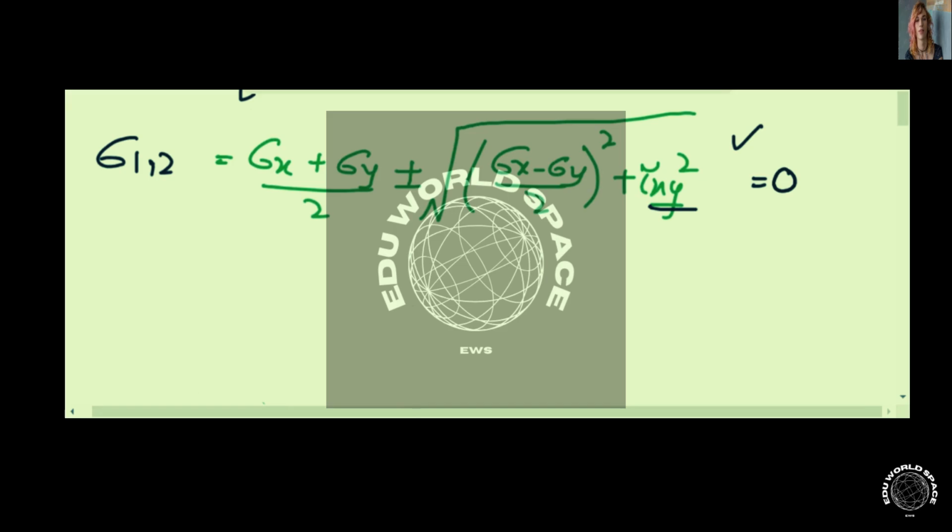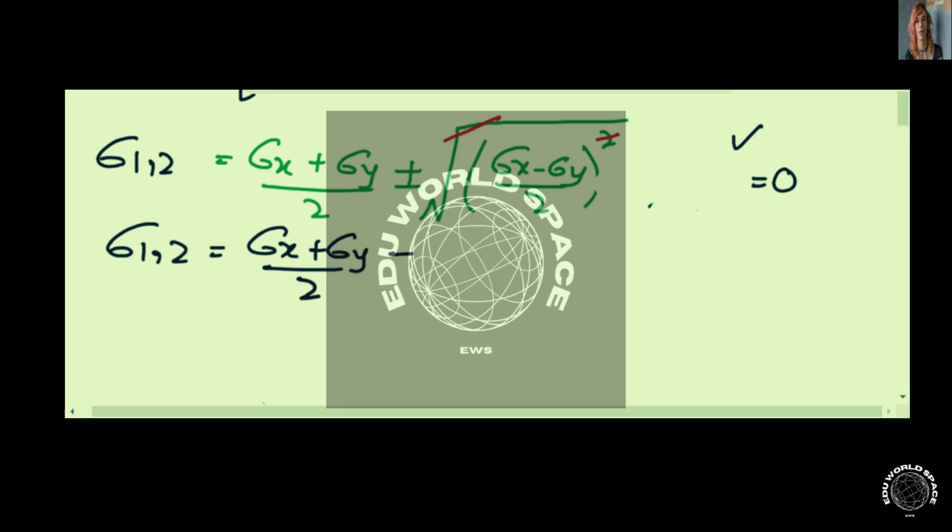And then we'll be left with just this term. As you can see, this square root cancels out this square, so we'll be only left with sigma sub x plus sigma sub y divided by 2 plus minus sigma sub x negative sigma sub y divided by 2.